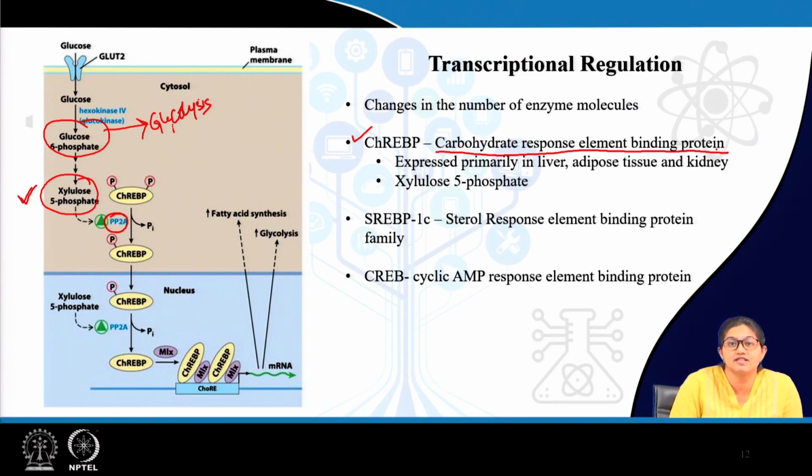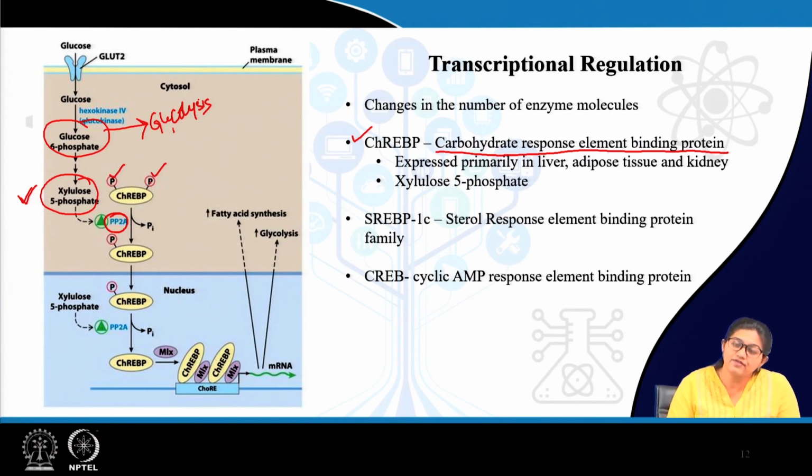It is mostly expressed in liver, adipose tissue, and kidney. This carbohydrate response element binding protein is activated by xylulose 5-phosphate. How? ChREBP is mostly present in the cytosol in phosphorylated condition, and there are 2 phosphoryl groups present in this transcription factor.